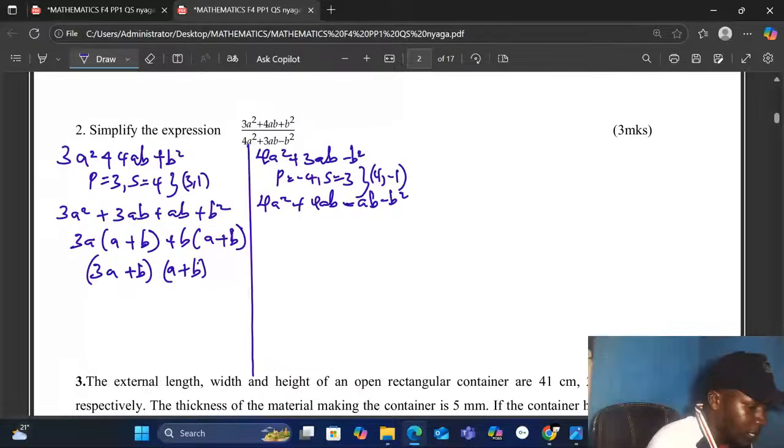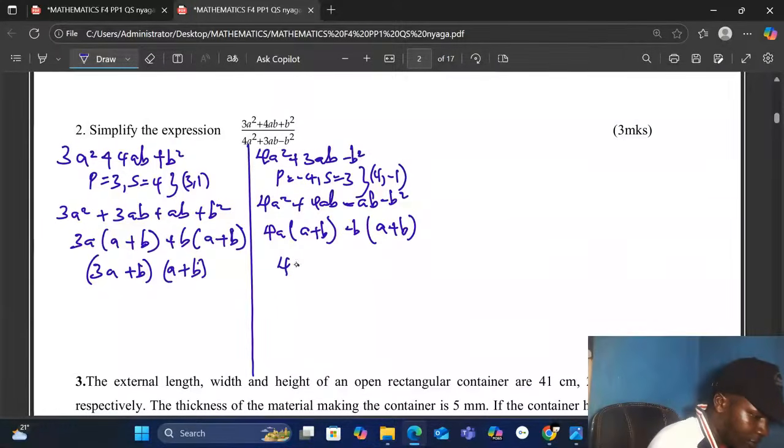So we factor out 4a so that we have a plus b, so that our answer is 4a minus b and then a plus b.